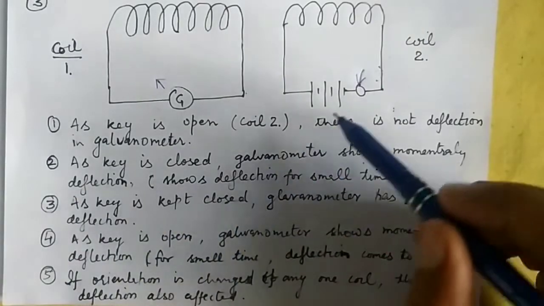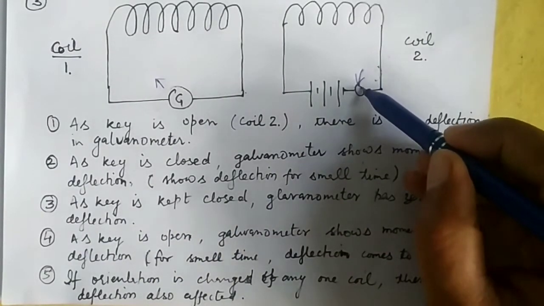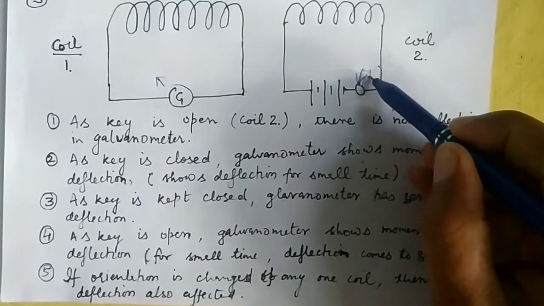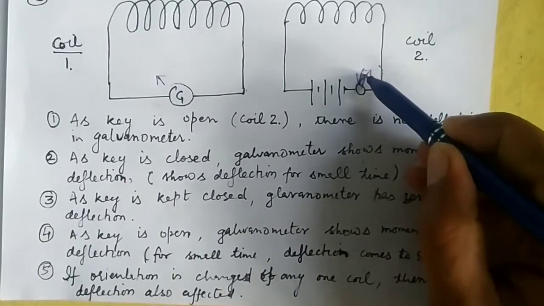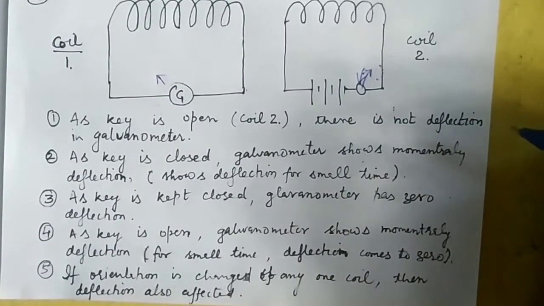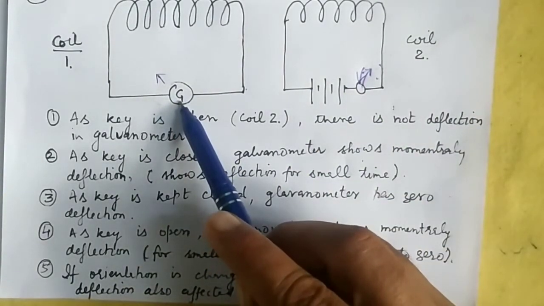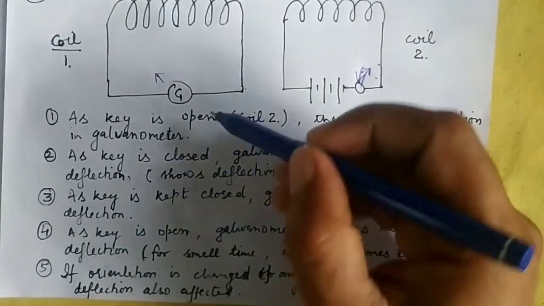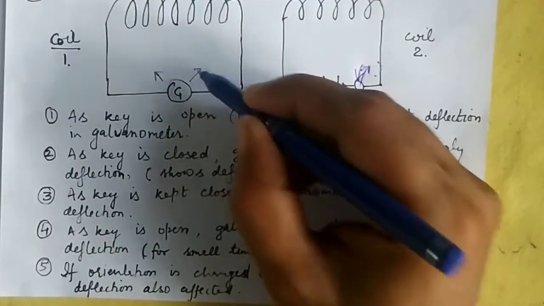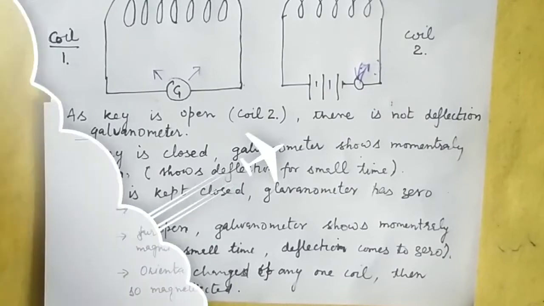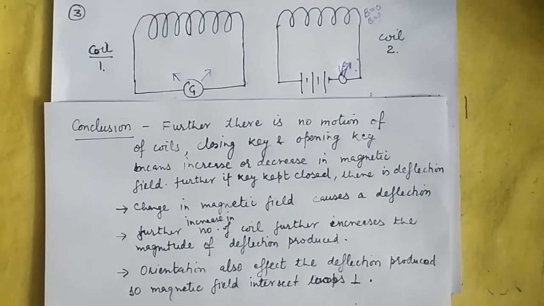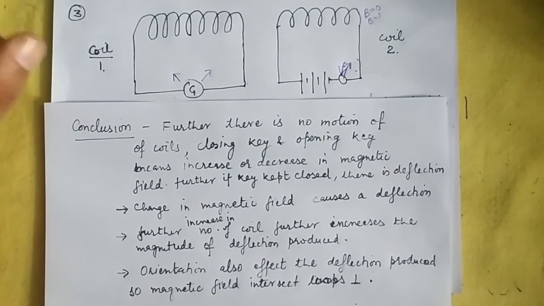Further, as soon as you open the key, the galvanometer again shows a momentary deflection, but in the opposite direction, for a small time. From the previous conclusions, we understood that the motion of the magnetic field must have caused the deflection in the galvanometer.